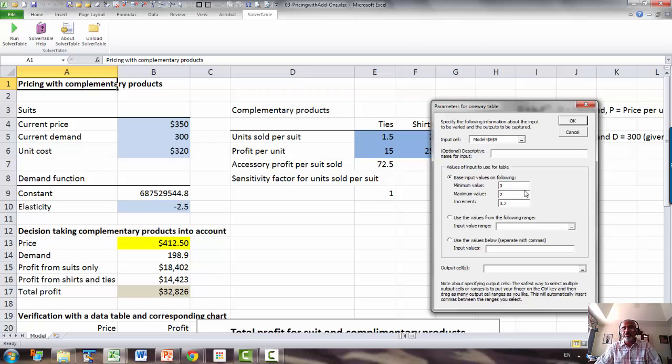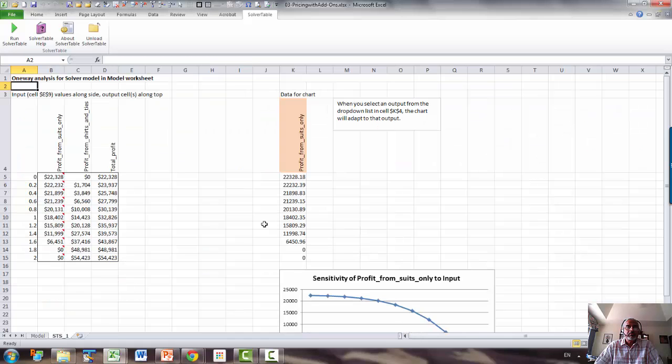So 0 would mean absolutely no complementary sales at all, and then 2 would be 2 times the suit sales. Okay, and the output, let's do the 3 profits, and here they are.